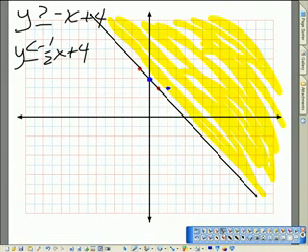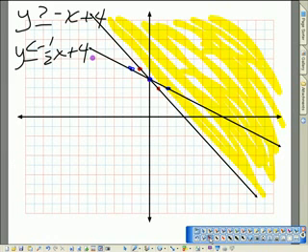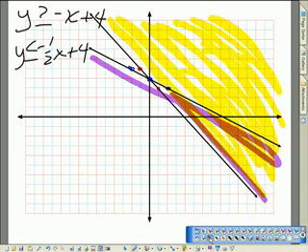Up 1 over 2. This is also a solid line. The difference with this one is this is less than, so I'll shade below. So here's the area I'm looking for right there. I mean, the rest of this is also shaded.